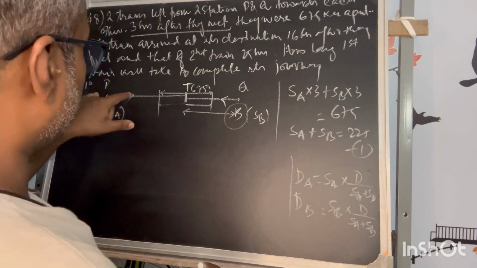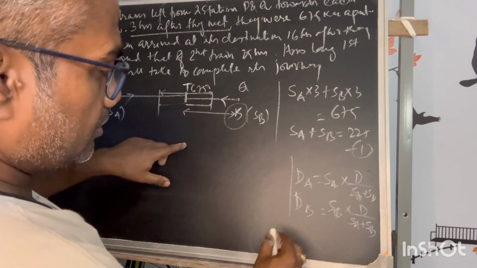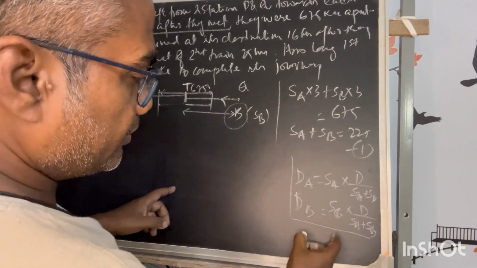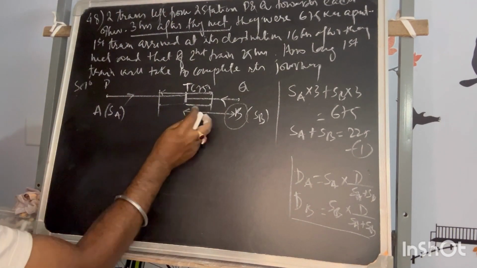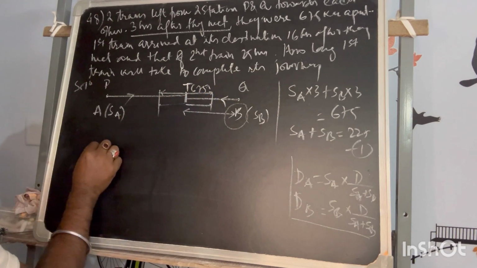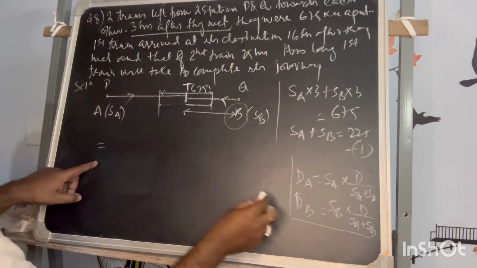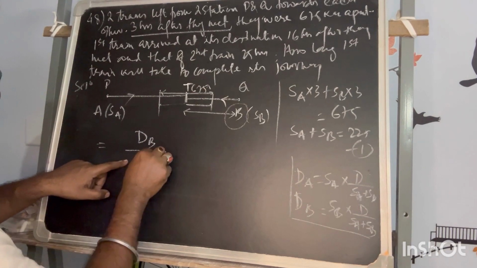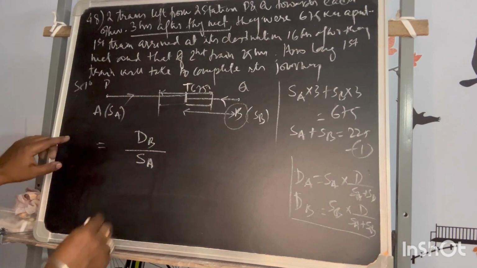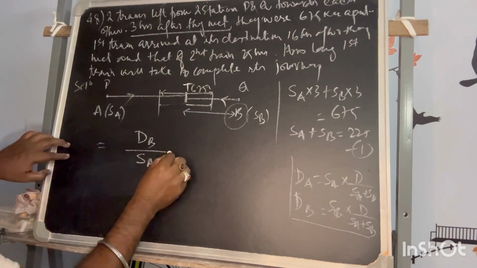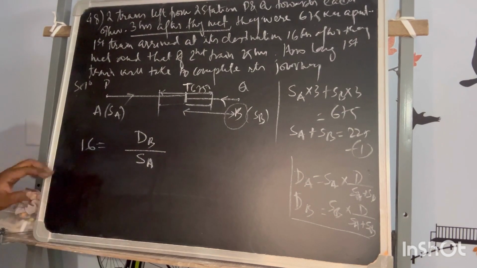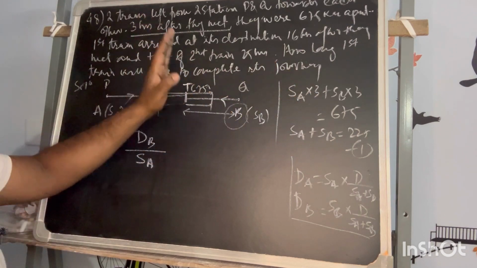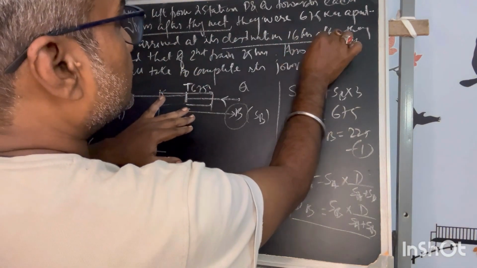Now after they met, the distance covered by B will be covered by A. So what is the time for that? The distance is dB, covered by A with his speed SA. That time is 16 hours, the remaining distance after meeting, going to the destination.